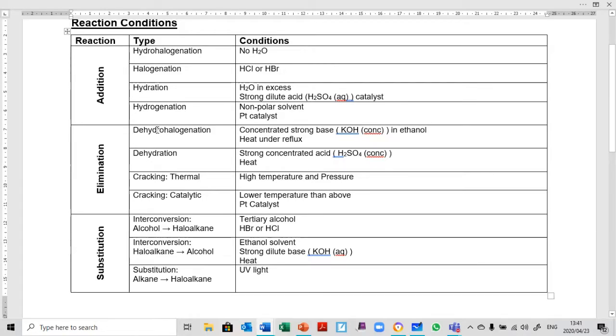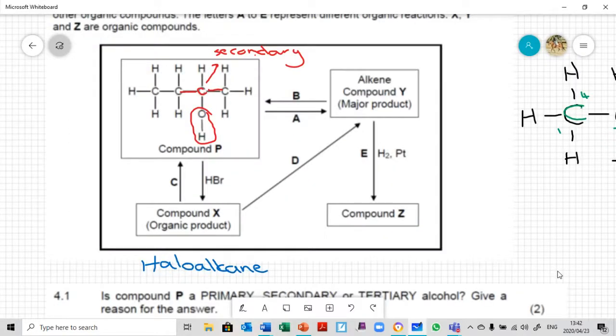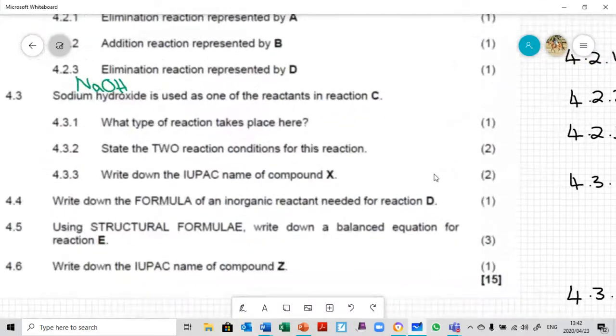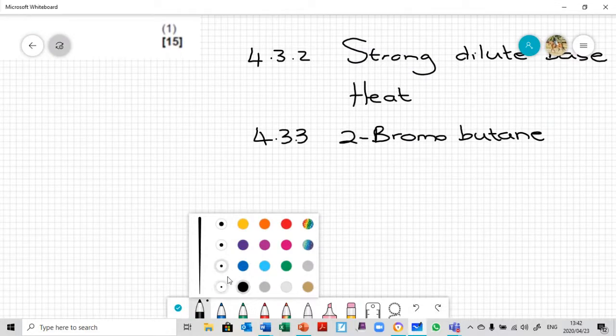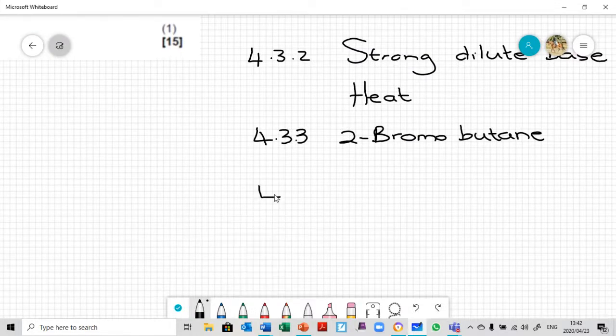They want the formula of the inorganic reactant needed for D. You can choose any strong base: KOH, NaOH, any of the group 1 metals with an OH. That will get you the marks.